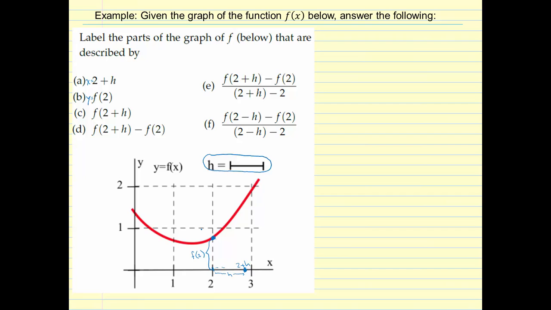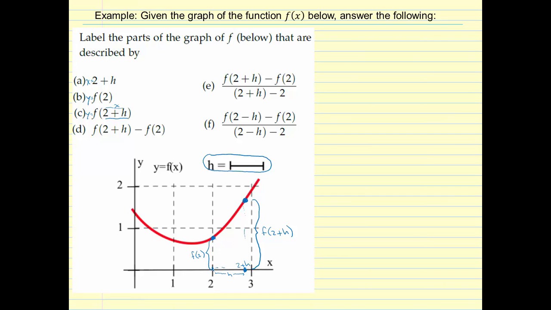So this is our height, f of 2. The f of 2 plus h is what y is when x is 2 plus h. So we need to go to the 2 plus h, go up until we get to our curve, and there is our f of 2 plus h height.